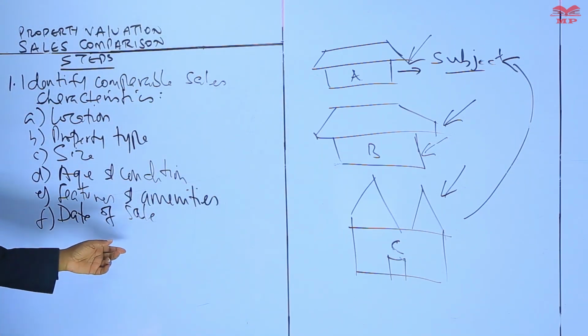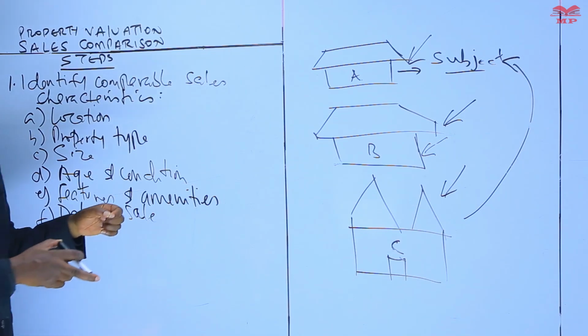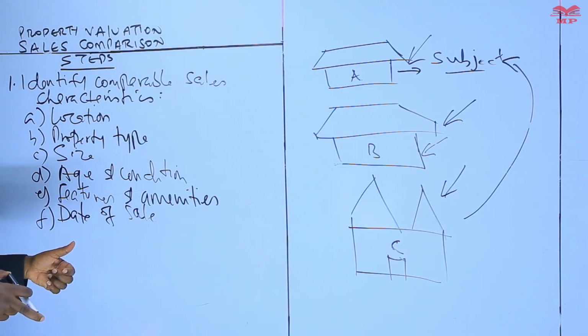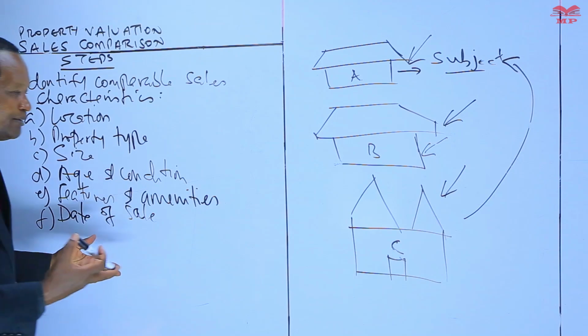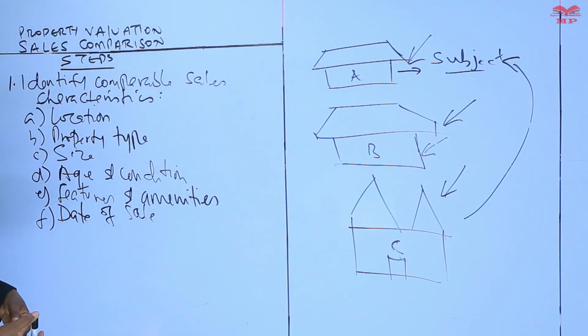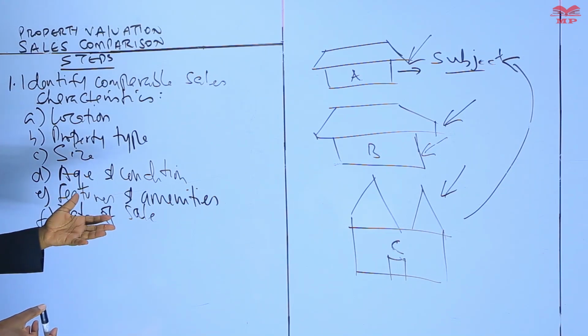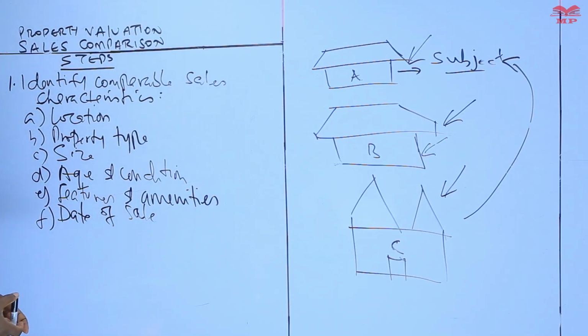The date should be as close as possible, in the recent past, so as to reflect the current market conditions, and it should typically be within 3 months to 12 months, not more than that. When using the sales comparison method, a 3 to 12 month period is the preferred period.